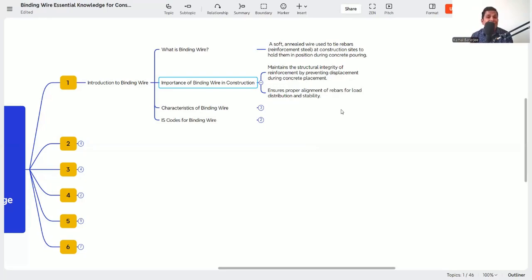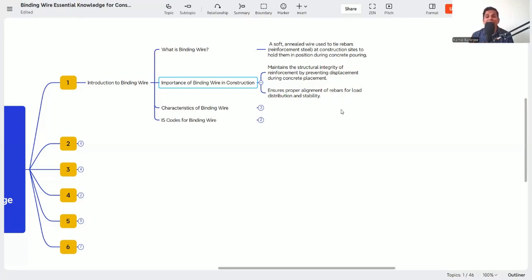Maybe it is a tensile zone, but we are not tying it properly, so it goes to the compression zone where steel is not required. So our purpose will not be served. Then the structural integrity will be out, and structural stability will be a problem. That is why it is important to keep the binding wire in position, to keep the reinforcement in position.